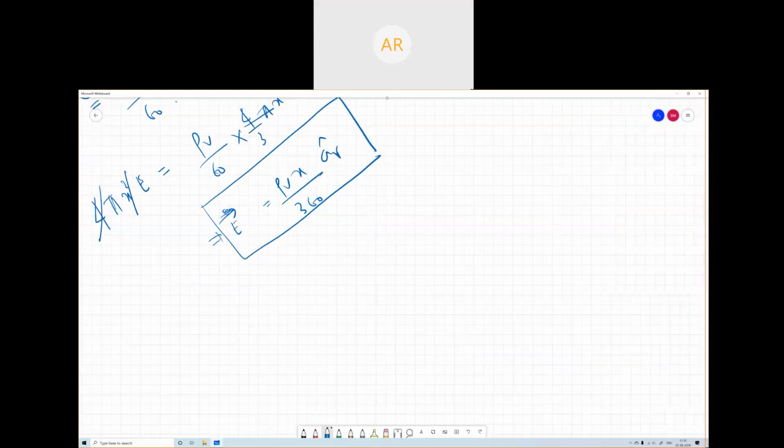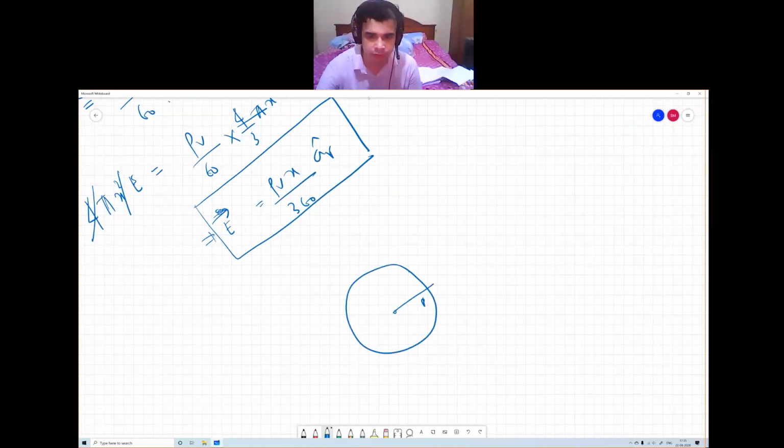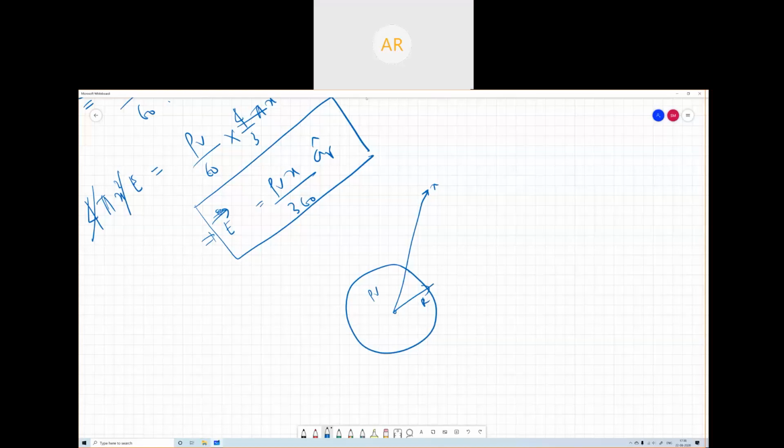What will be outside? I am drawing this again for your convenience. This is radius r. This is rho v. Now I am increasing x, which is here, outside the sphere. What is the charge enclosed now? What will be the charge enclosed?